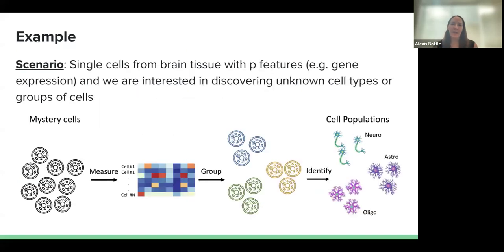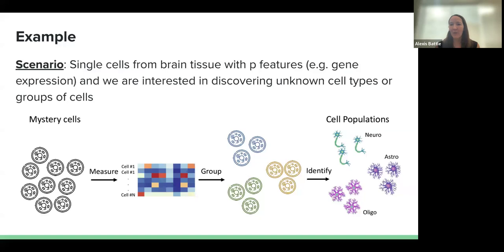An example scenario where we may be interested in using unsupervised machine learning in genomics is in single-cell genomic data interpretation. This has become very important. For example, if we have measured single-cell gene expression from brain tissue, so we've measured perhaps P features, gene expression levels, and we are interested in discovering unknown cell types or unknown groups of cells. In the brain, we know that there's very complex cell types.